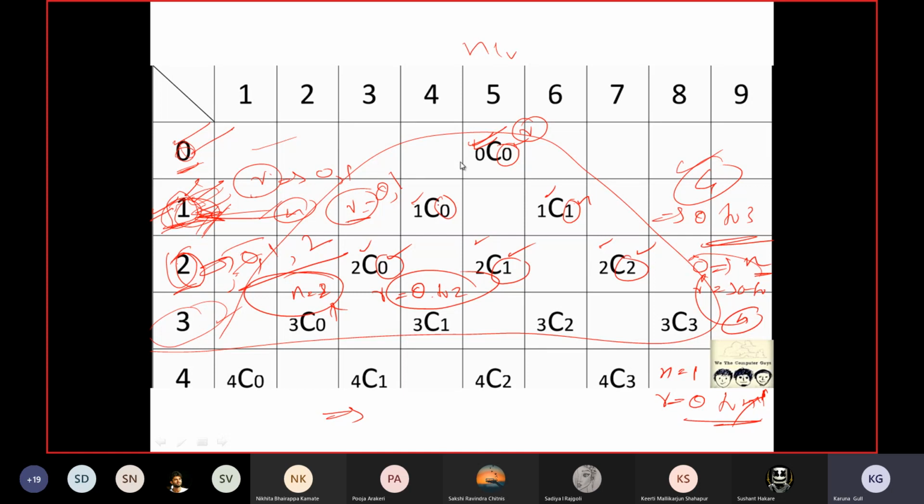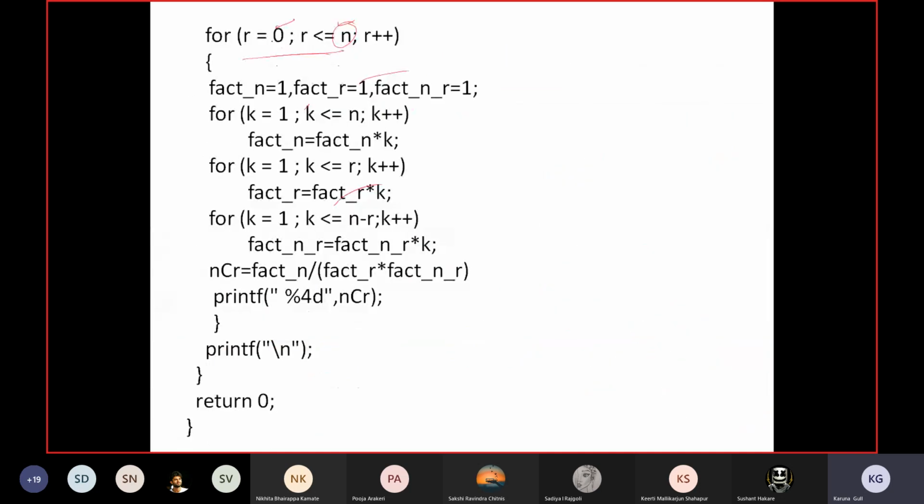This is my n value, and r is equal to 0 and r is equal to 1. So till what value should r vary? Till the n value, r should vary. So here I have taken 0 to n, if I am standing on the first row, that is the 0th row.